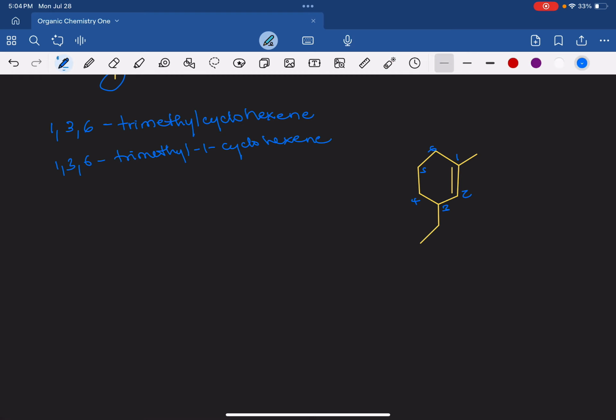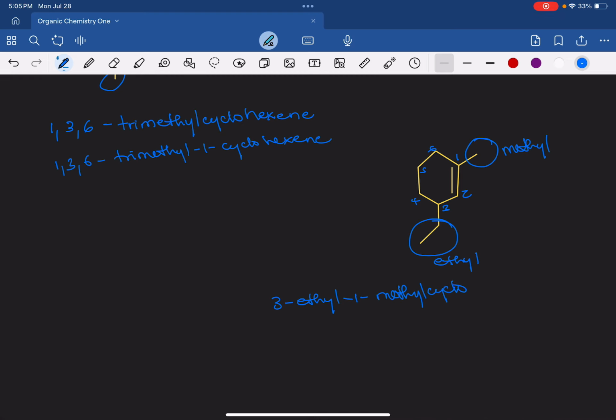To name this, you have a methyl group and an ethyl group. Of course, you have to list them in alphabetical order, just like you would have done with a cycloalkane. So you write 3-ethyl. This is the ethyl group, this is the methyl group. On carbon 3, I have an ethyl group. You write that. On carbon 1, I have a methyl group.